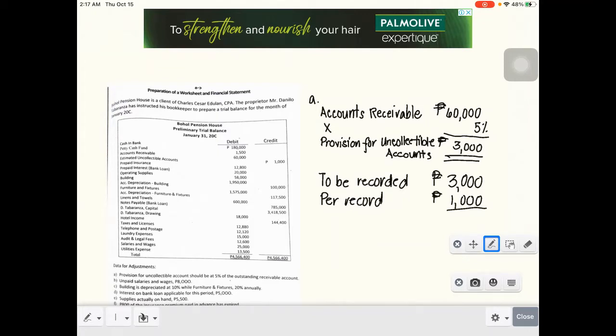So there should be an increase of the provision. So we could just simply write estimated uncollectible accounts.